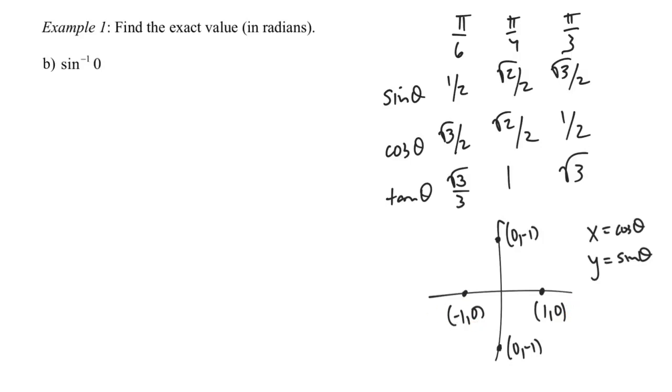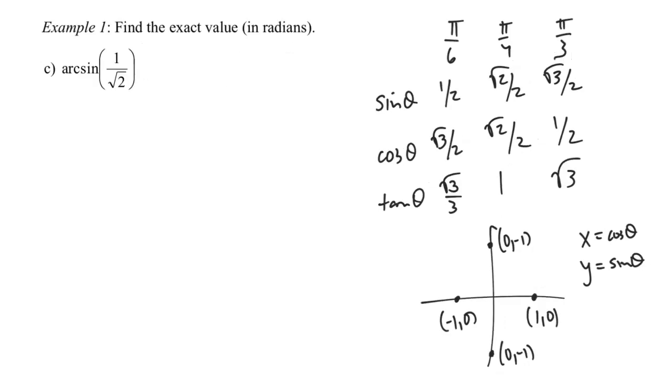However, remember that there is a restriction on the range of sine inverse. It's from -pi over 2 until pi over 2. The answer to this question has to be somewhere in that range. And so 0 and pi are the possibilities, but the only answer is going to be 0 because 0 is in the appropriate range. And so you've got to be careful to remember these range restrictions on these functions.